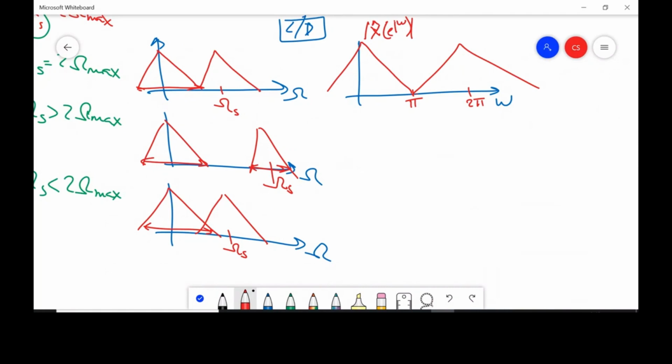And here again, omega s, let's do it in red. This one goes to there, and here it is also the same. So omega s always goes to 2 pi.